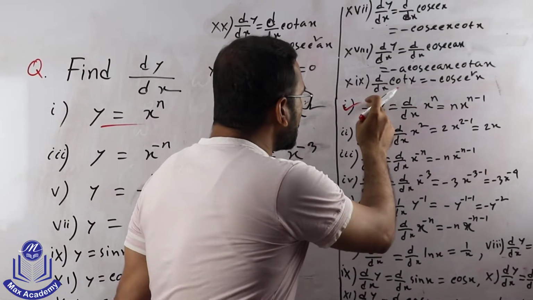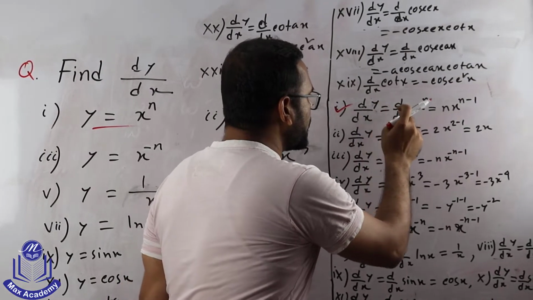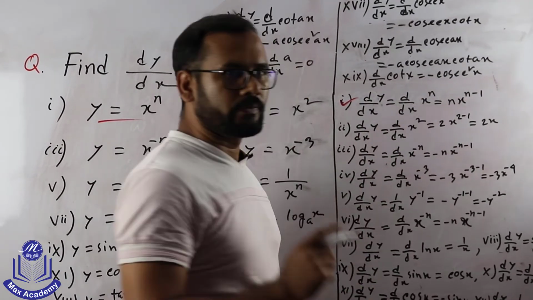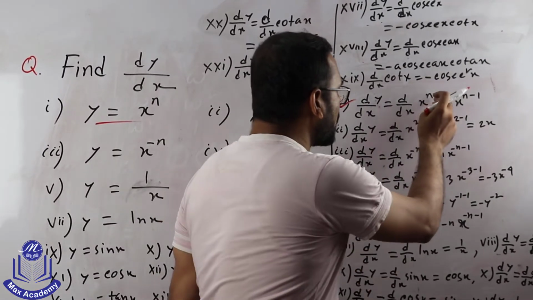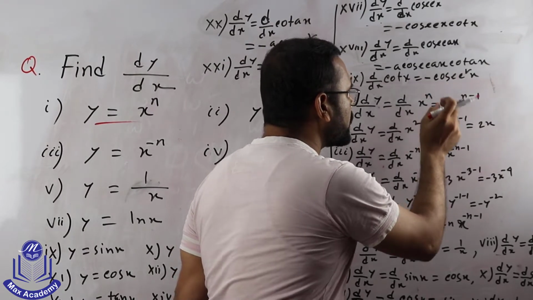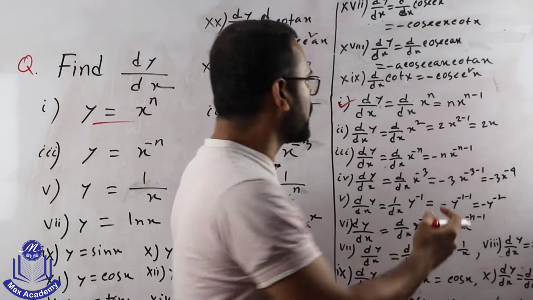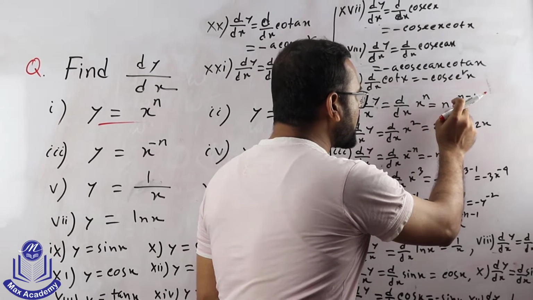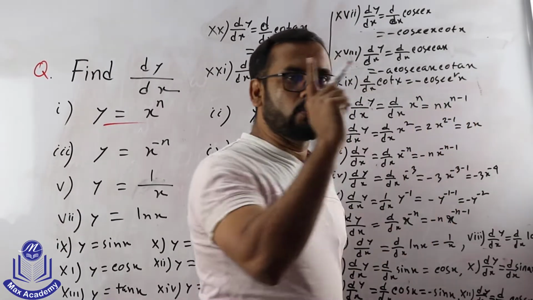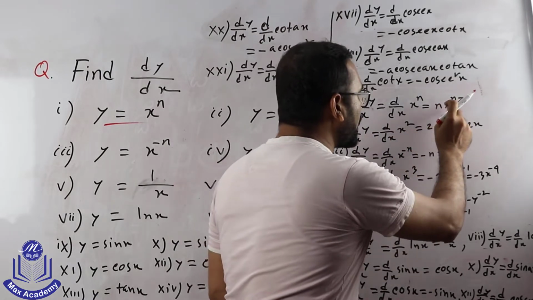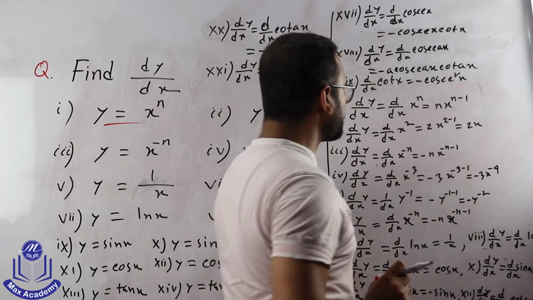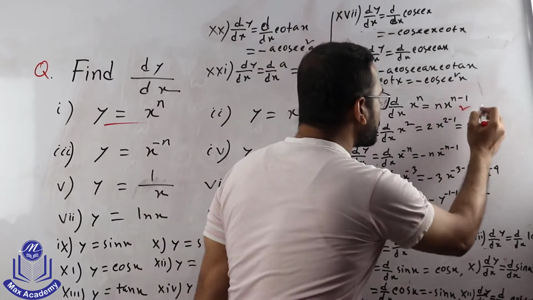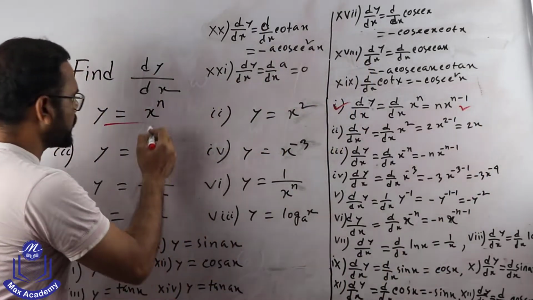Now d/dx of y is equal to d/dx of x to the power n. Have a look, here the power is n, so just shift this power first, then it will be n x to the power one less than the power, n x to the power n minus 1. This is the solution of the first question.